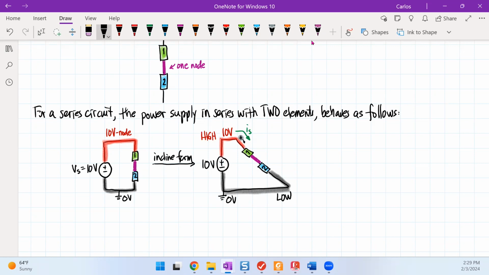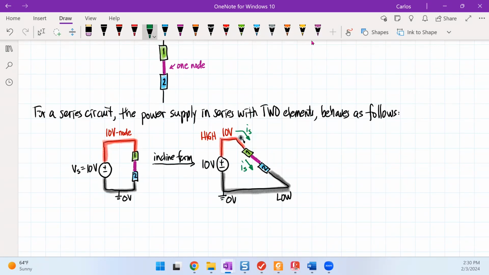So what I'm seeing here is that we know that there is no buildup in charge on elements 1 and 2. That means that the charge going into 1 must also be the charge coming out of 1. Where else is the charge going to go?